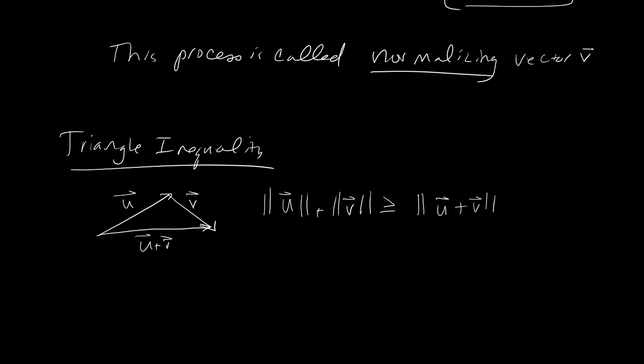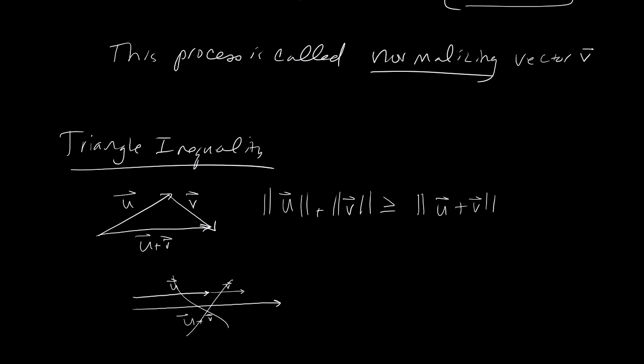Okay, just makes sense. If the third side were longer than u plus v, then if I were to lay out something like u and v, and I got something like this, u plus v being longer, you can see here that there's no way for me to make a triangle. This is not possible.